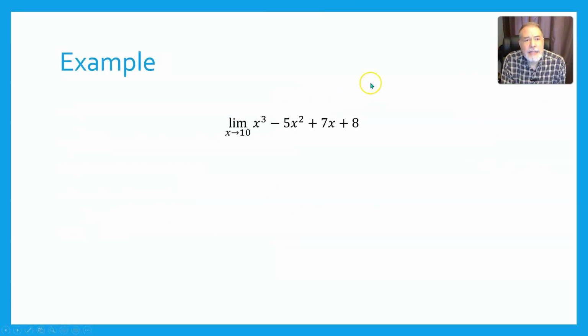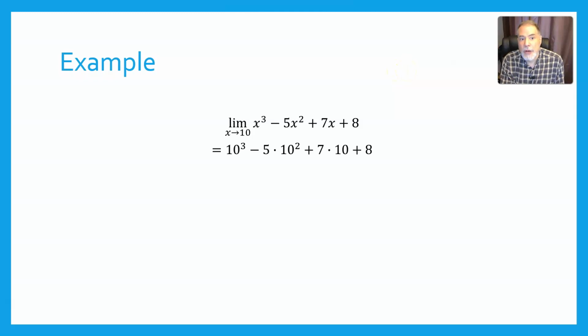But first, an example of a polynomial function. What's the limit as x approaches 10 of x cubed minus 5x squared plus 7x plus 8? Well, since that is a polynomial, we could just plug in the 10. Evaluate that function when x is 10, and that'll be the same as the limit as x approaches 10.